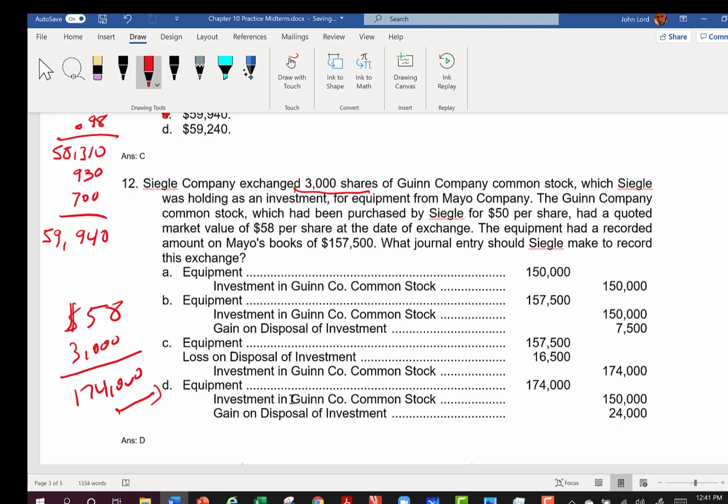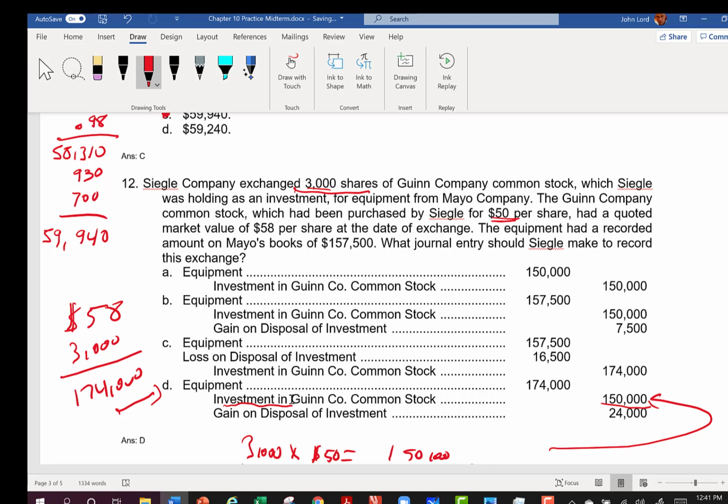But just to finish up the thought process here, they bought the stock, the 3,000 shares, for what? For $50 per share. So 3,000 times the $50 would be this 150,000, obviously. And this is not a non-monetary exchange. This is giving up a monetary asset like stock for what? For the equipment.